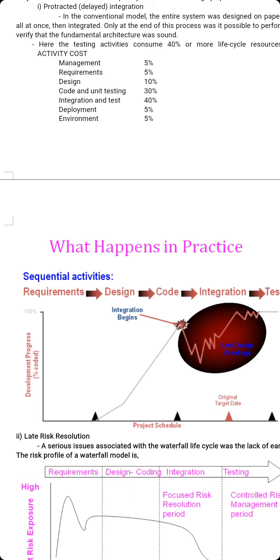See, for a typical development project that used a waterfall model management process, in the figure you can see the graph illustrating the development progress versus time. One side it is time and one side it is development progress.